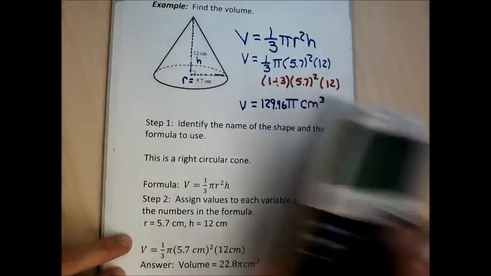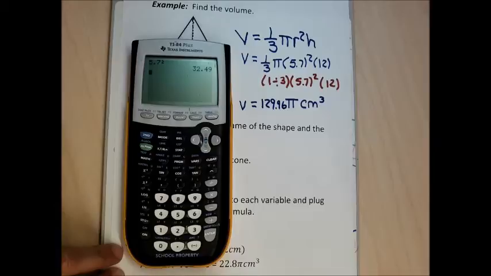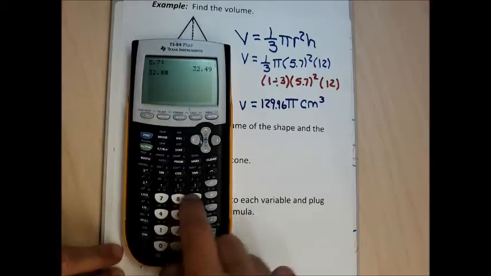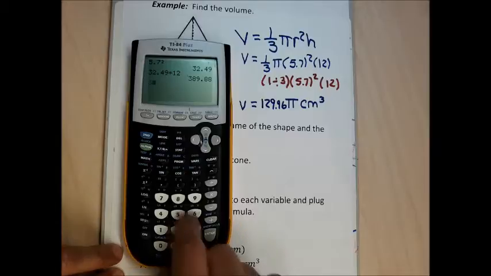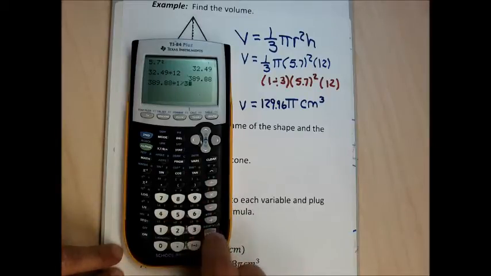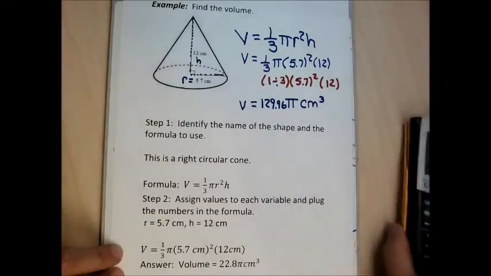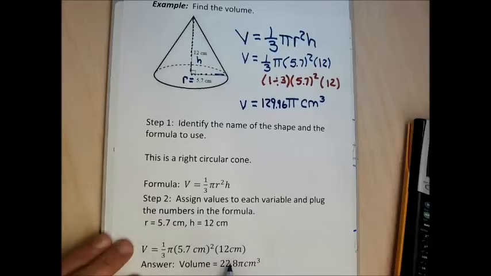Let me do this slower. 5.7 squared, 32.49 times 12, and then 389.88 times 1 divided by 3. Yeah, it should be 129.96 cubic centimeters. On this sheet here, I have a mistake.